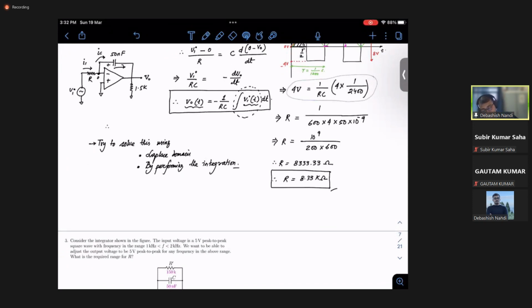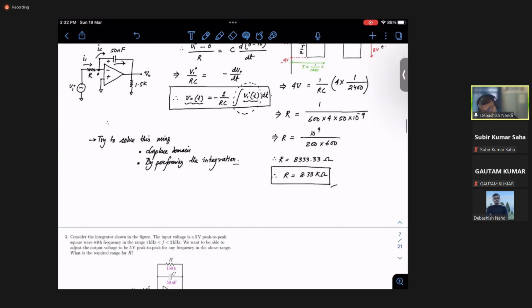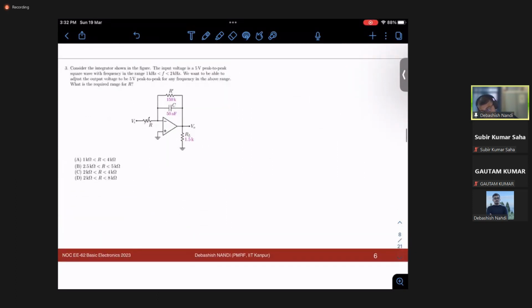Okay, it is the same circuit. You know this much. What is this? This is nothing but V naught, right? What is this? This is nothing but V input peak to peak by 2, or simply you can say it V peak, right?